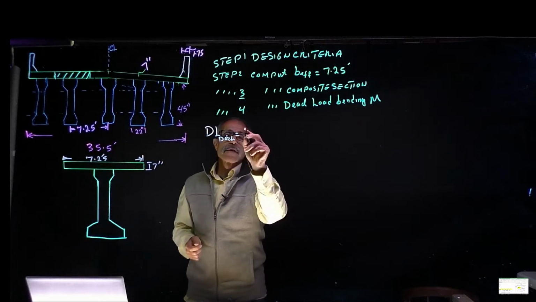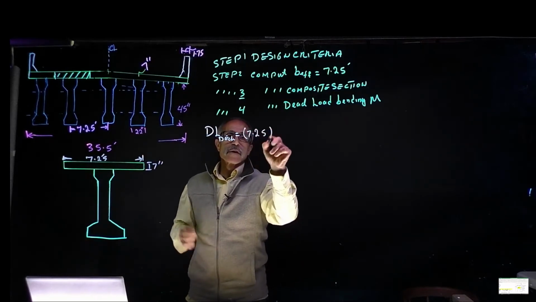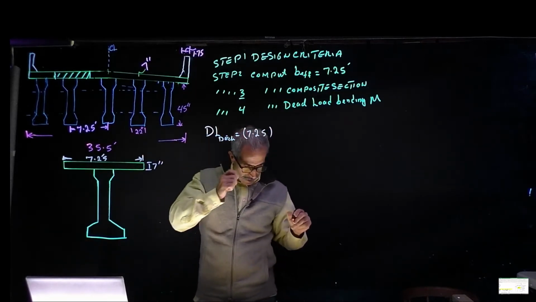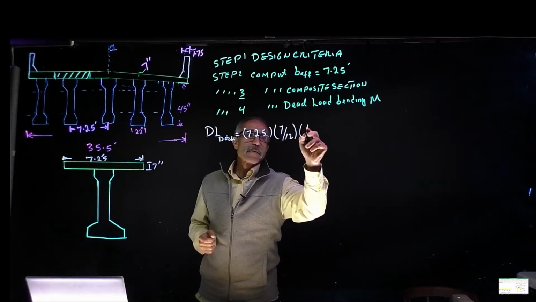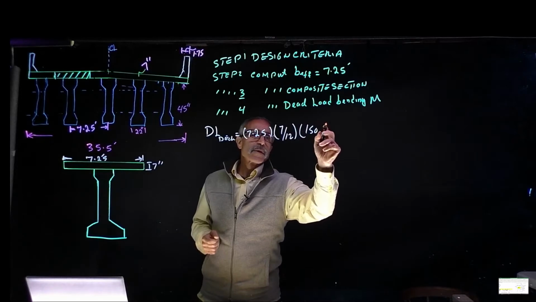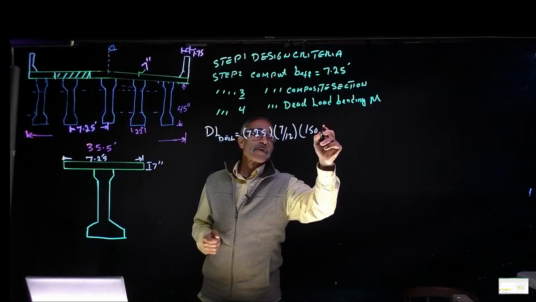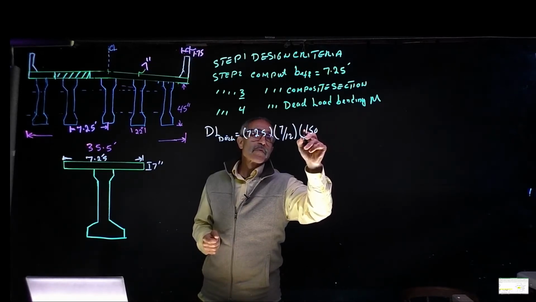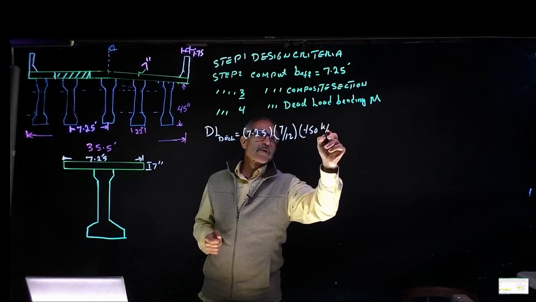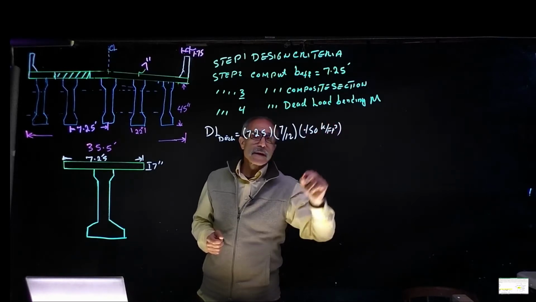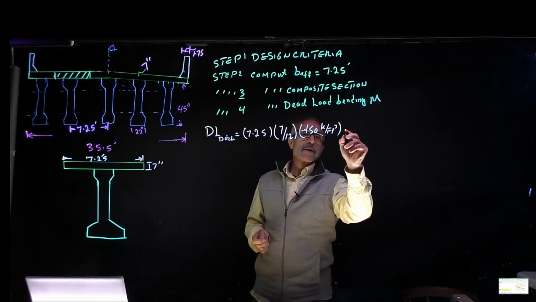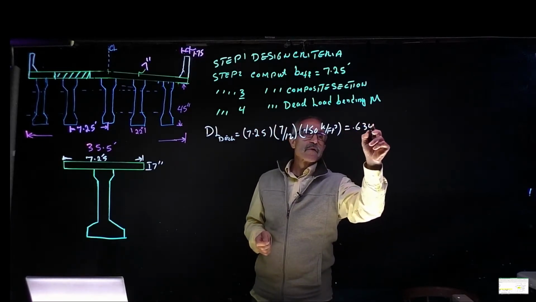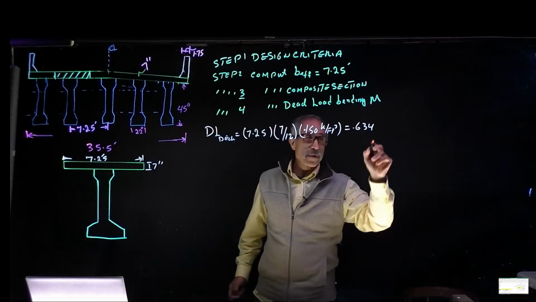So I'm going to have 7.25 multiplied by 7 divided by 12, and then times 150 pounds per cubic foot. We can say 0.15 kip per cubic foot. And that's per 1 foot section. So that's going to come out to 0.634 kip per foot.